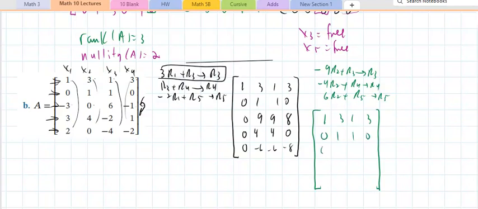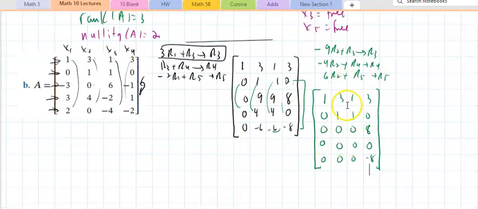So 0, negative 9 plus, negative 9 plus, and 0 plus 8 is 8. Very good. If I multiply by negative 4, this first one is 0 for sure. 1, 2, 3, 4, 5. Okay, good. If I multiply by negative 4 plus 4 is 0, negative 4 plus 4 is 0, and 0 plus 0 is 0. And if I multiply it by 6, 0, 6 minus 6 is 0, and 0 minus 8 is negative 8.